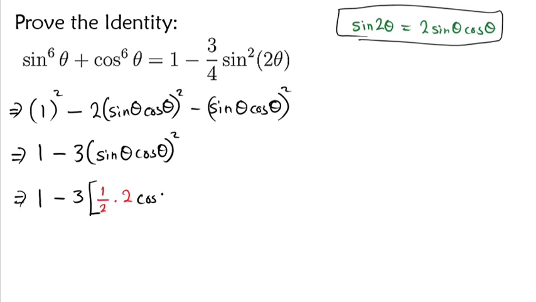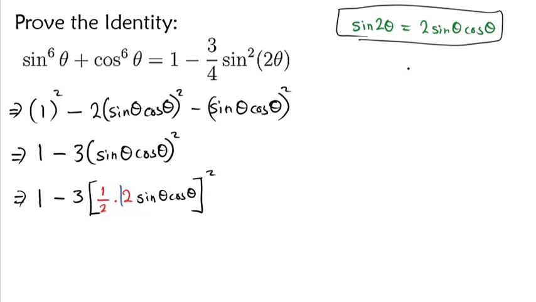So we have the cos. Let's start with the sine. So half times 2 is 1. Then we have the sine theta. We have the cos theta. And we still have the square. The reason why I've introduced that half is so that I can have the expression 2 sine cos, and that will give us the double angle identity.